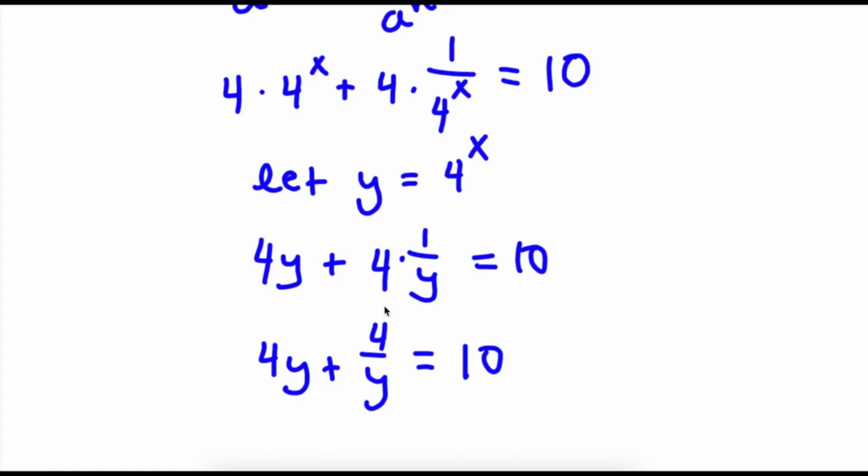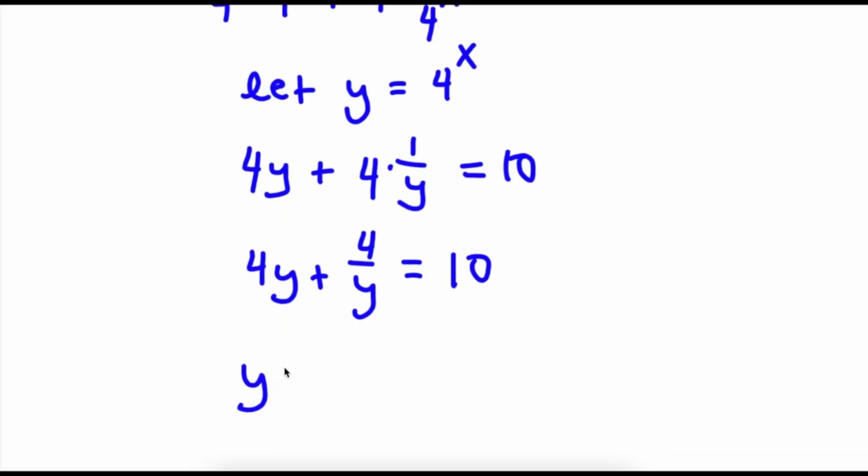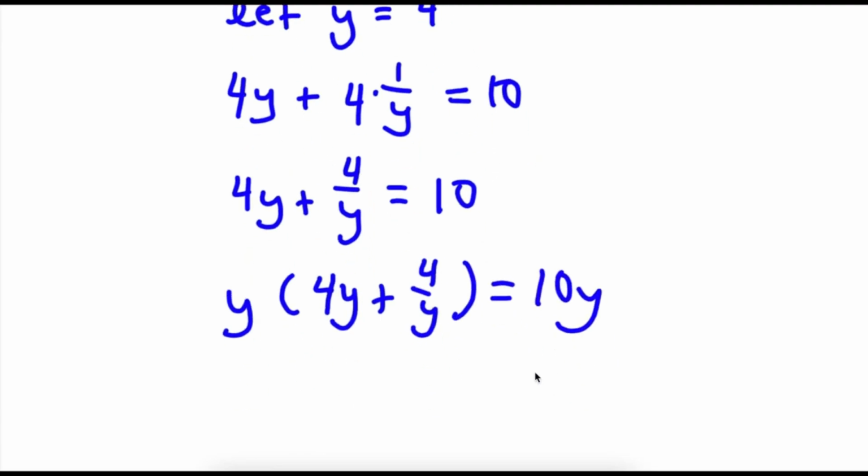And now, if I multiply y on both sides, I get y times 4y plus 4 over y is equal to 10y.